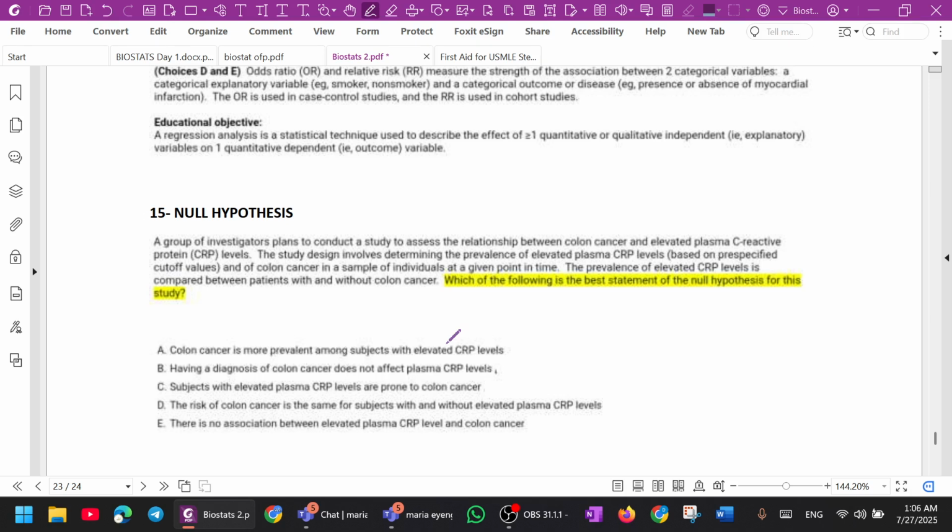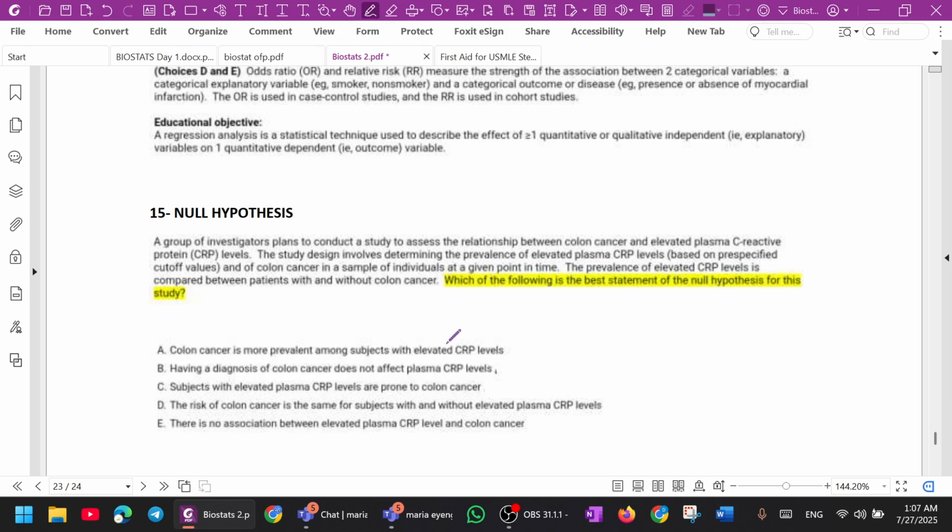The study design involves determining the prevalence of elevated CRP level and of colon cancer in a sample of individuals at a given point in time. The prevalence of elevated CRP levels is compared between patients with or without colon cancer. Which of the following is the best statement for the null hypothesis for this study?